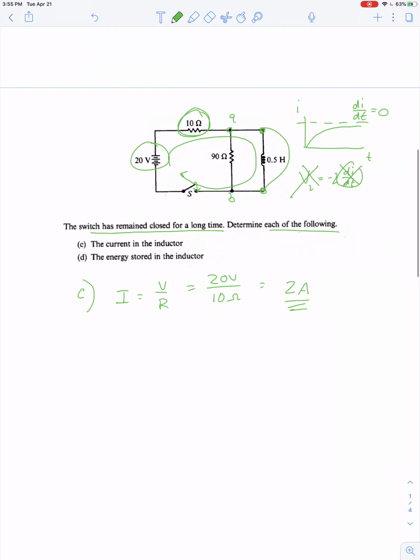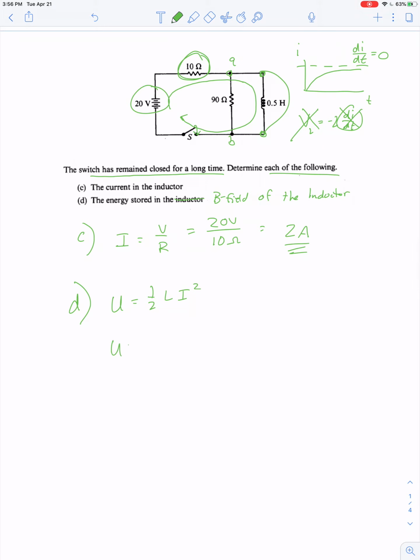All right, part D, what's the energy stored in the inductor? Or better phrased, what's the energy stored in the magnetic field of the inductor? Potential energy in an inductor is 1/2 Li squared.